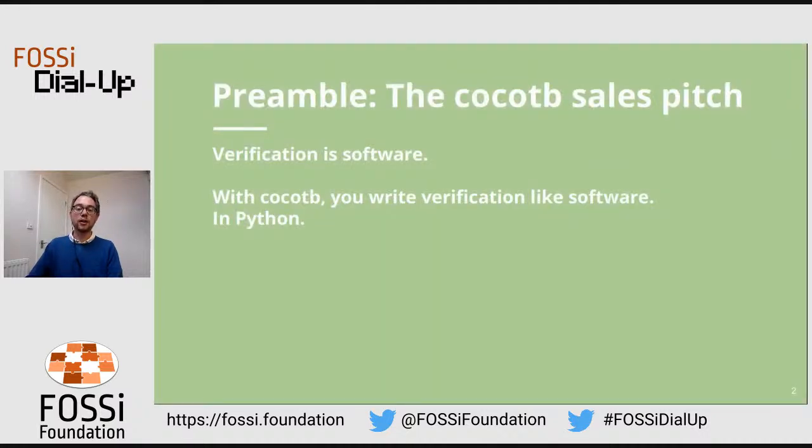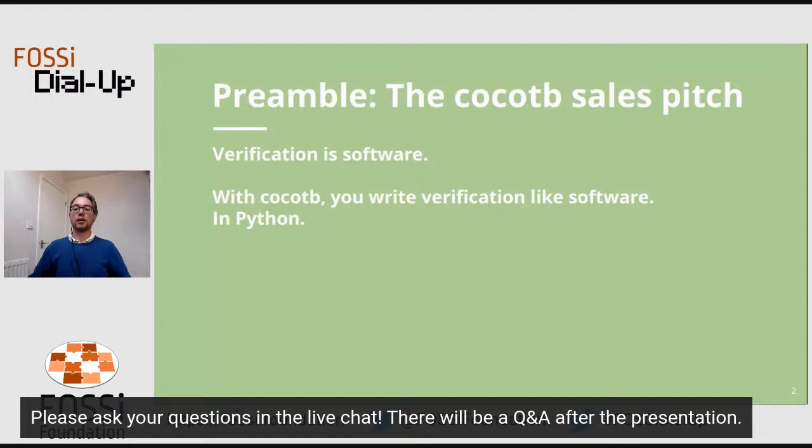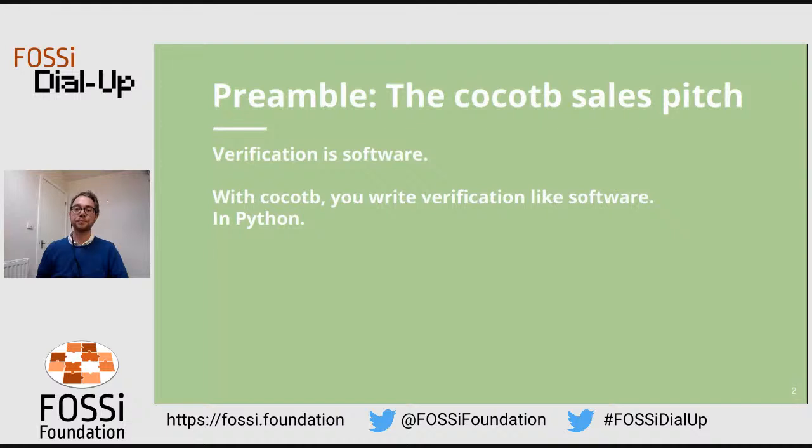To start with a very quick preamble, Cocotb is based on the principle that verification is software. We're talking about verification of hardware, verification of designs that run on ASICs or FPGAs, where we want to test if they're actually doing what they should be doing.